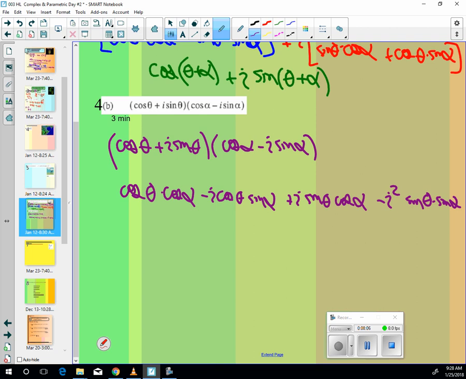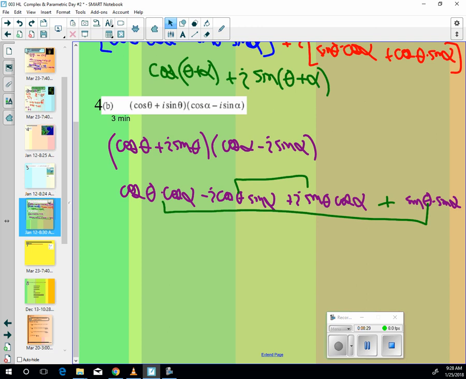What will this minus I squared turn into? That'll change into the opposite of negative 1, which is the same as what? Positive 1, yeah. Okay, group these two and group those two and see what you get.